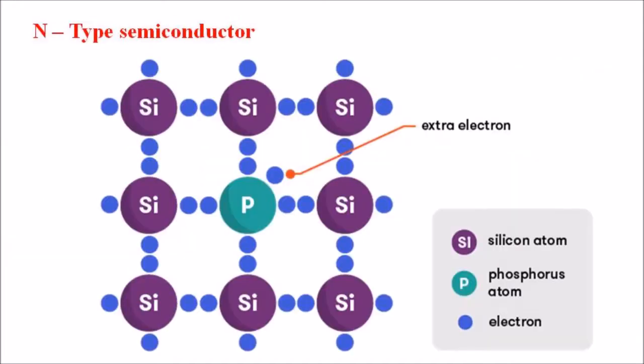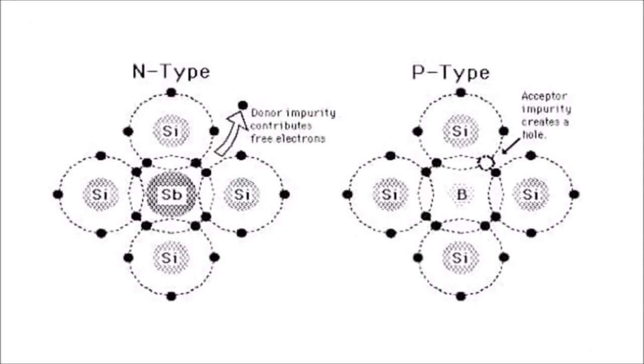Similarly, an n-type semiconductor consists of negatively charged electrons as majority carriers, positively charged immobile impurity ions, and neutral immobile silicon atoms in its crystal structure. Additionally, due to room temperature, the p-type semiconductor has a small amount of free electrons and the n-type semiconductor has a small amount of holes as minority charge carriers.